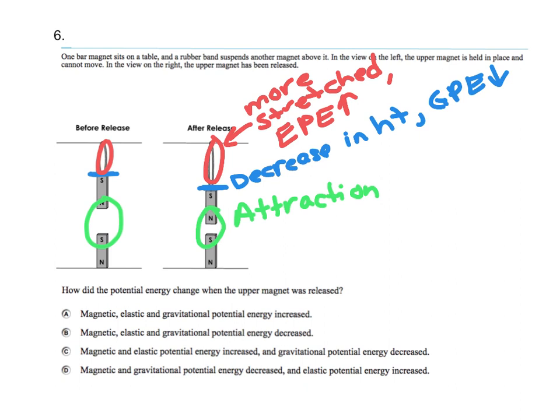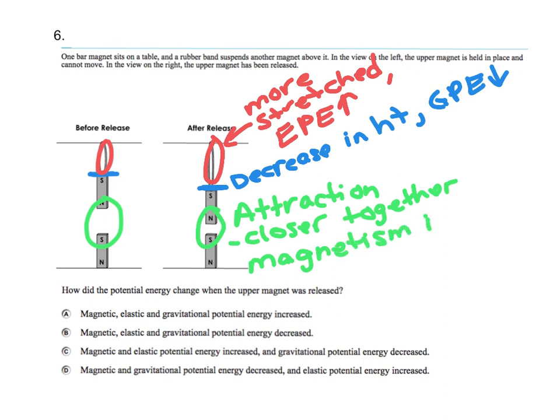And as we head back to our magnets, we see their attraction, and we see that they get closer together. As they get closer together, the amount of magnetism increases when they are closer together.